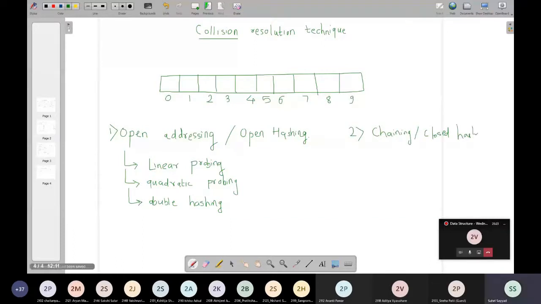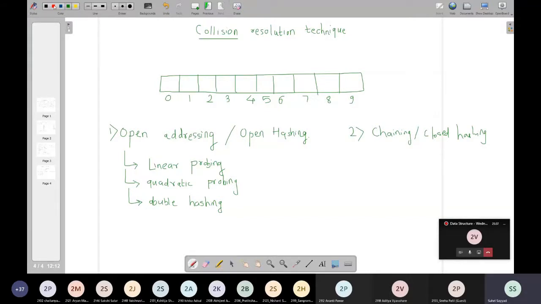In open addressing, again we have three types: linear probing, quadratic probing, and double hashing. Out of these, now I am taking the first one, that is linear probing.